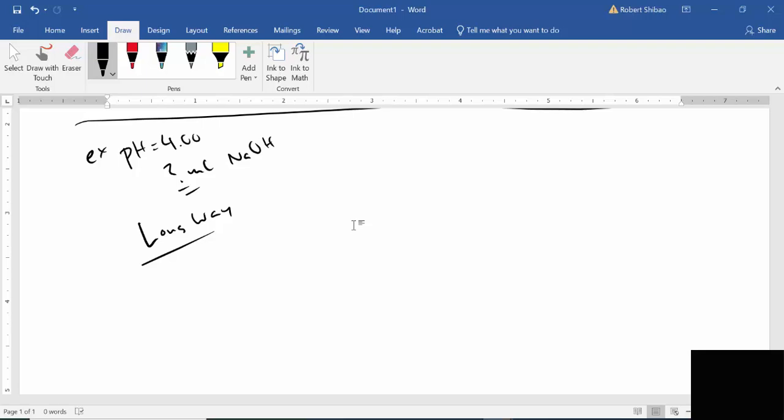And so how do we do that? How we do that is, okay, I'm going to start at step 2 and then work backwards. So if we start at step 2, the pH is 4.00. Well, step 2 says that's equal to the pKa plus the log of the ratio.